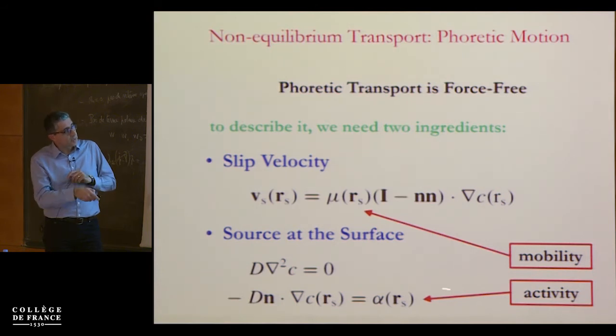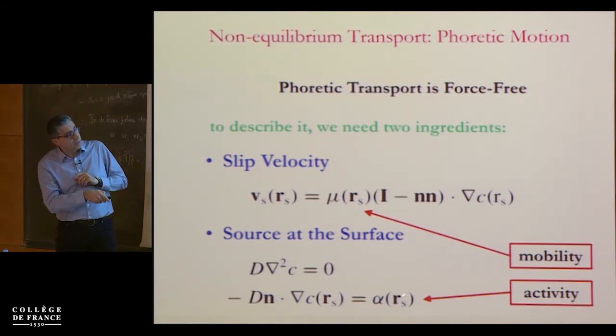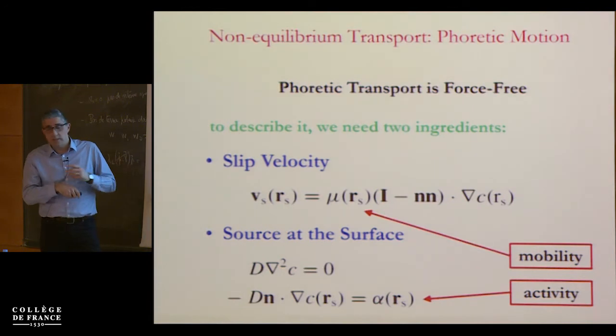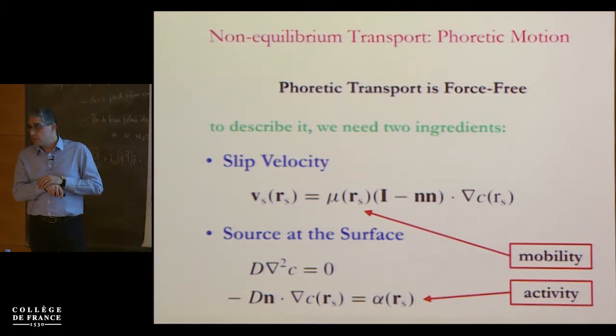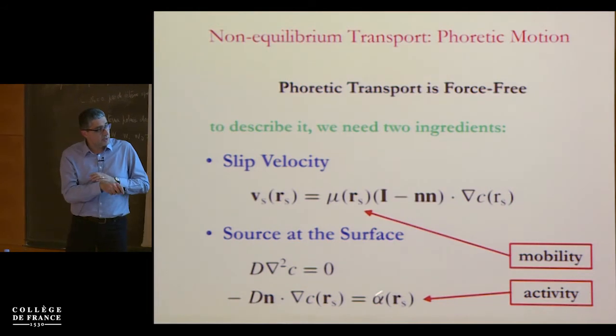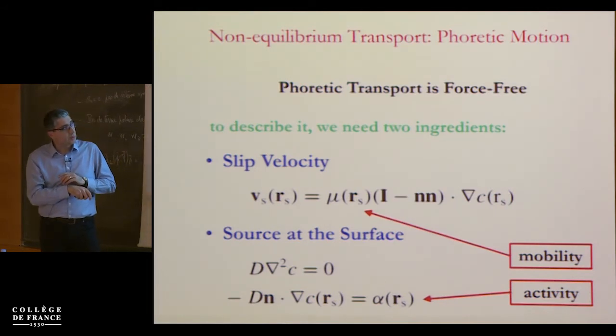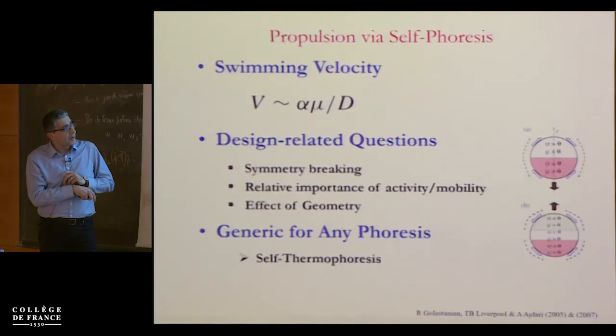Essentially, both of these parameters, mobility and activity, could be both positive or negative, depending on how you set up this system. This parameter alpha tells you how far away from equilibrium you are, because it's the rate of non-equilibrium activity, whereas this one is just a linear response function if you want.